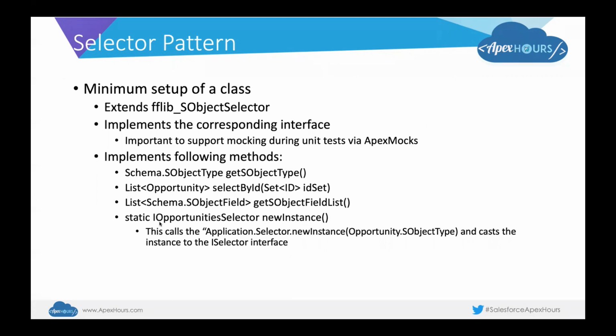And then finally, what I typically see is a static method that is basically the newInstance method. And this newInstance method, and we'll take a look at it in just a second, actually calls out to the application factory selector. Again, this provides an extra hook or layer of separation to, among other things, work with the interfaces versus the actual concrete implementations of the class, which helps loosely couple a lot of the code base.